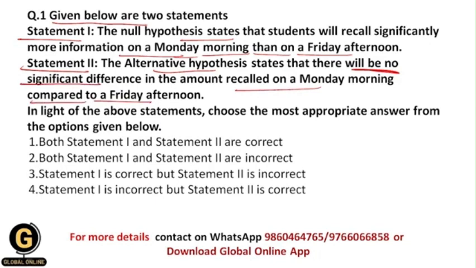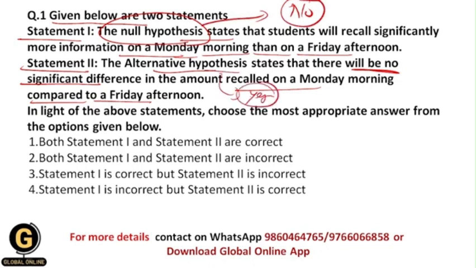So over here, students, we need to answer which of these statements are correct or incorrect. All of you getting? As I told you earlier in yesterday's video, the null hypothesis states that there is no relationship between the two variables. Okay, no relationship. But the alternative hypothesis states that there is a relationship between the two variables.